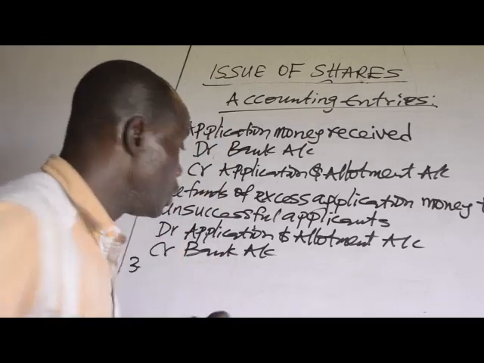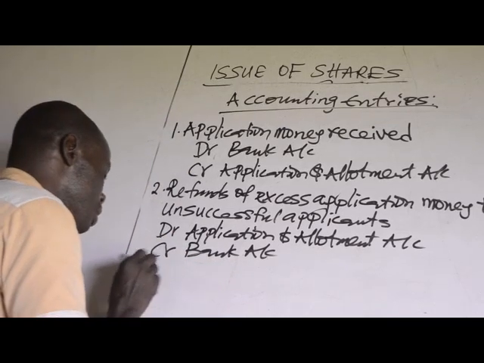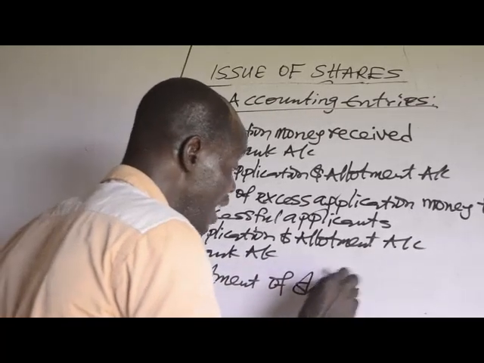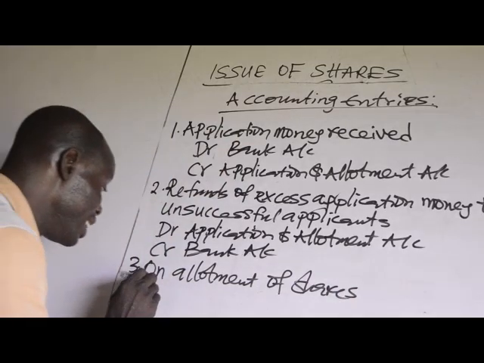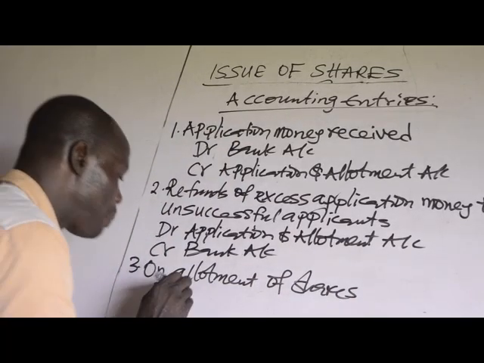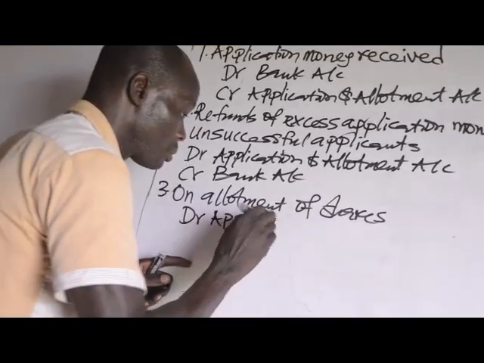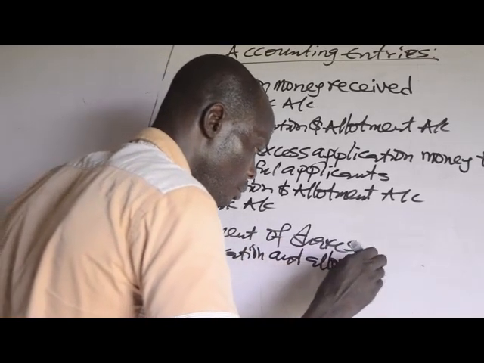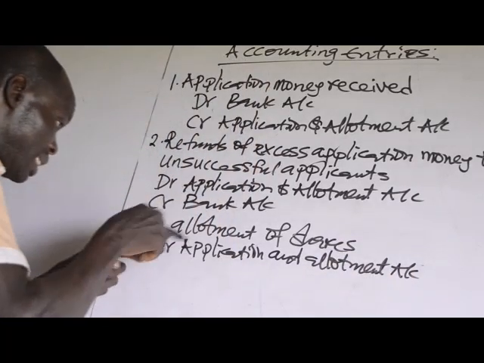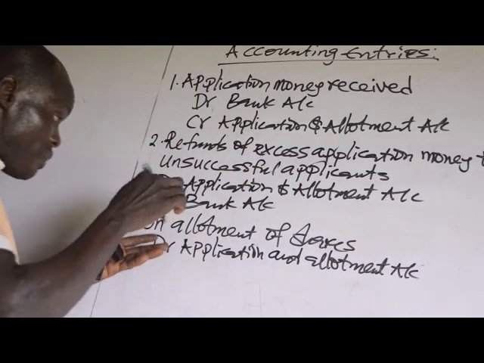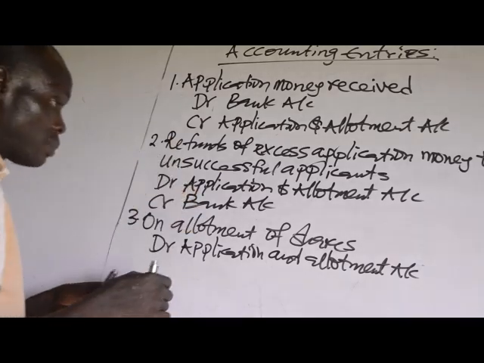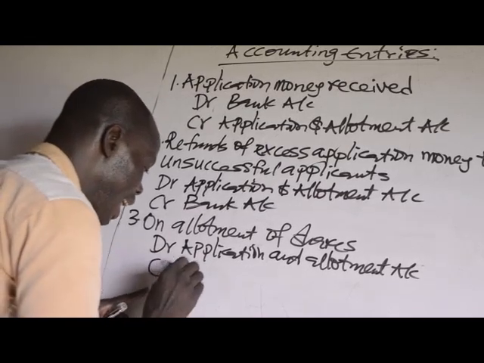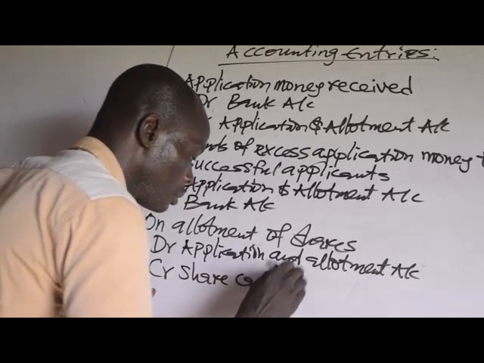In that case, on allotment of shares, that is, the company is now distributing the shares among the applicants, you debit application and allotment account with the par value, that is the amount during application plus that of allotment excluding premium, if any, and you credit the share capital account.